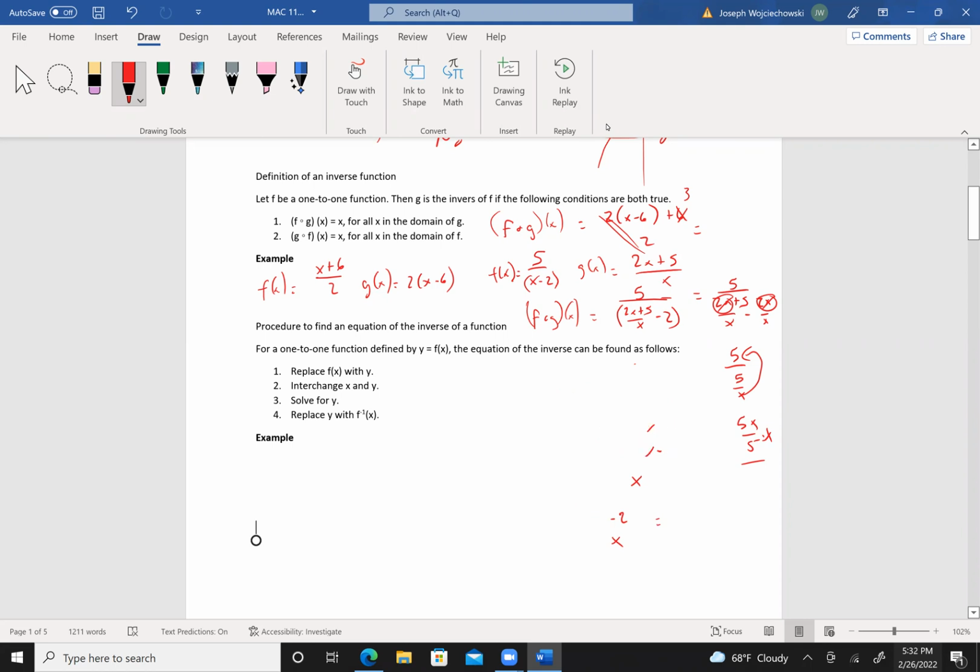Okay. So I'm looking at g composite f of x. So my g of x is 2x times 5 over x minus 2 plus 5, and that's just over x.